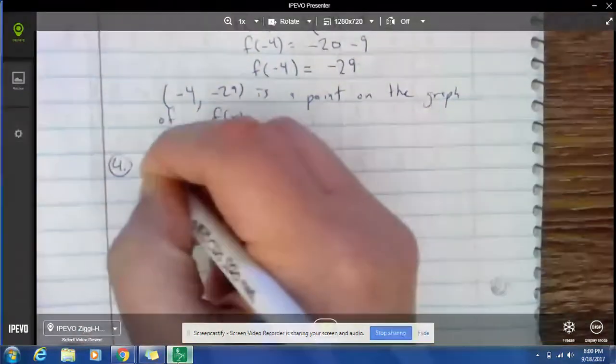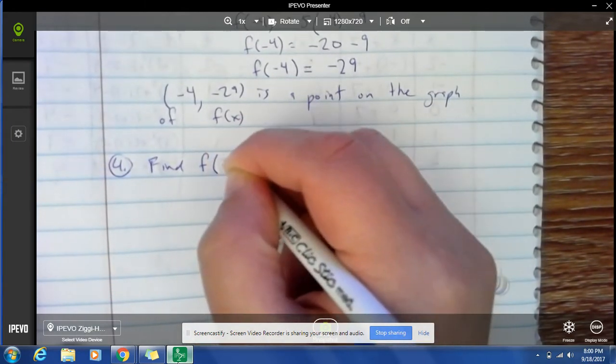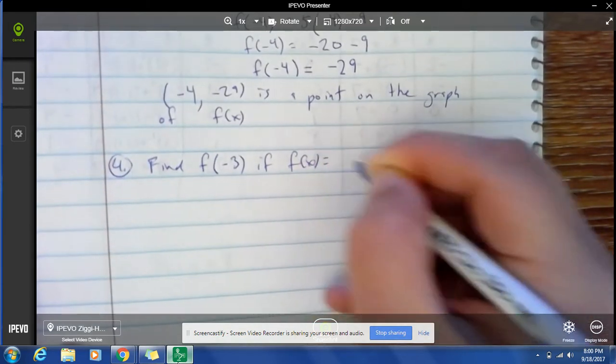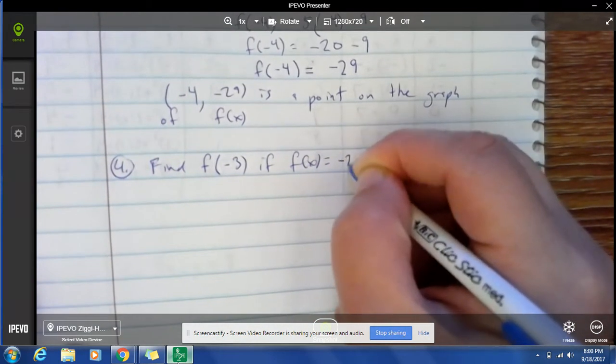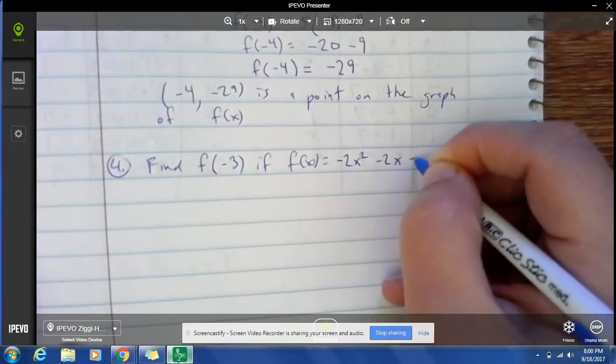Example 4 is going to be find f of -3 if f of x equals -2x squared minus 2x minus 7.